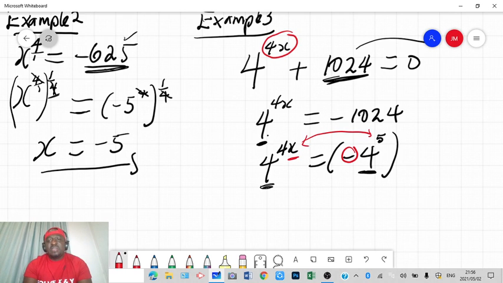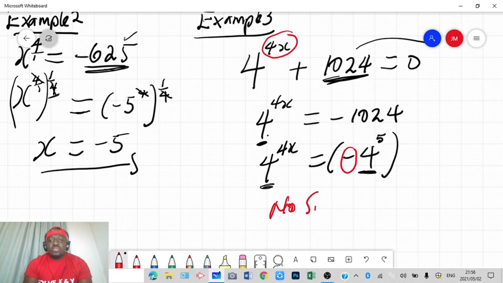Had this negative been positive, then I will say since the bases are the same, I can equate the index and solve for x. So in this question, what we have to realize is that due to this negative number, we don't have a solution.